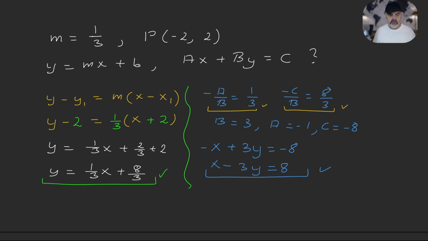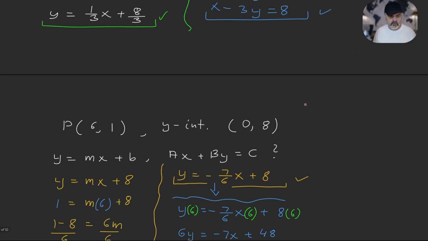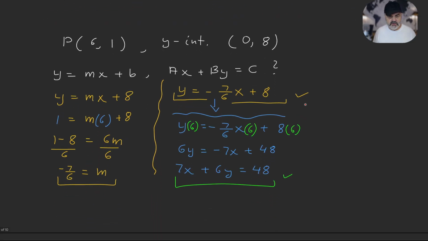So there you go. We were able to create the equation of a line given the slope and a point on the line, using the standard form or using the slope form. Now you're a master of those two forms and you understand that they look different, but they represent the same line.